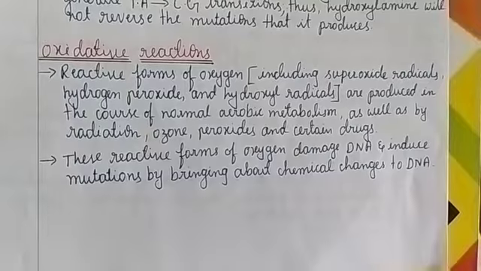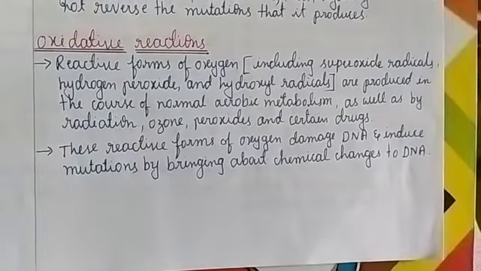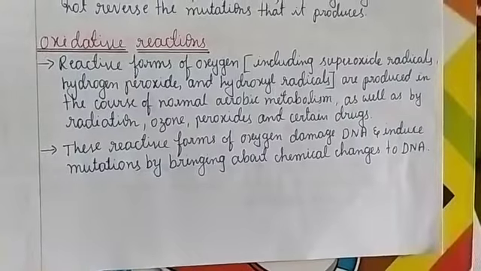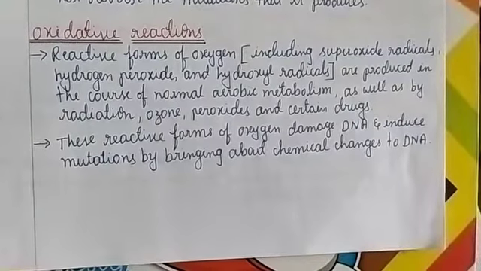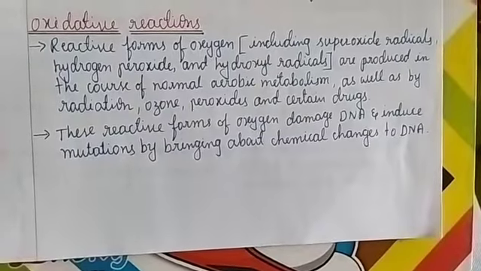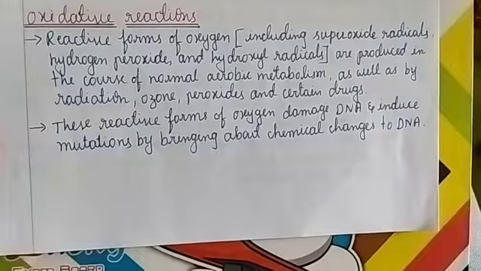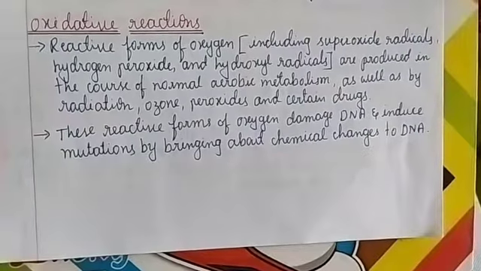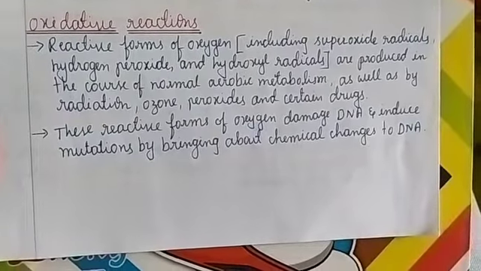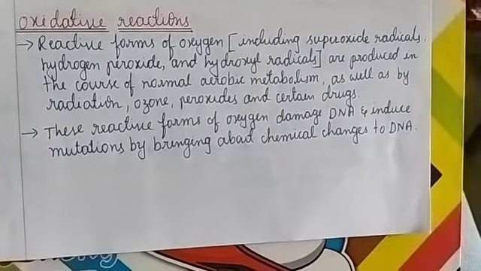Next are oxidative reactions, which bring about damage to the DNA. Reactive forms of oxygen, including superoxide radicals, hydrogen peroxide and hydroxyl radicals, are produced in the course of normal aerobic metabolism, as well as by radiation, ozone, peroxides and certain drugs which are metabolized in our body.